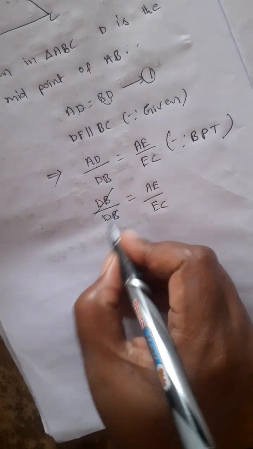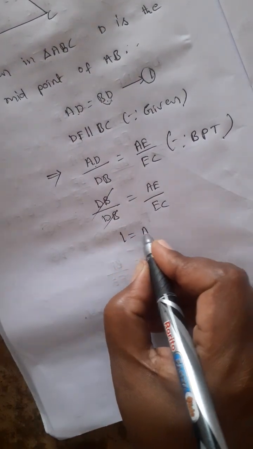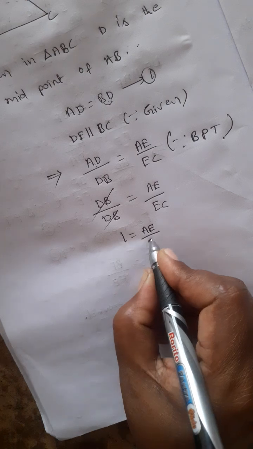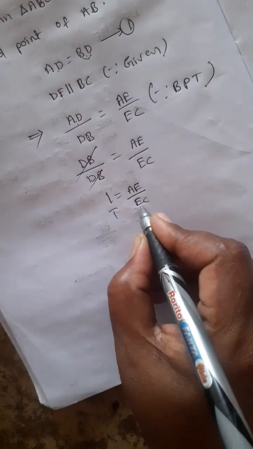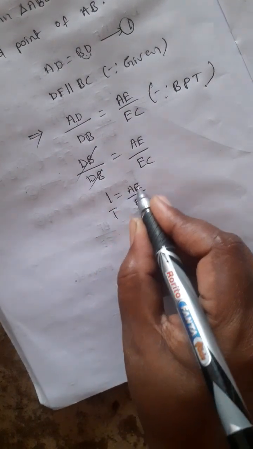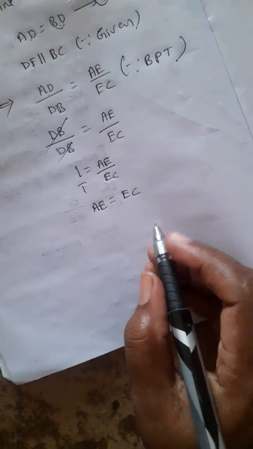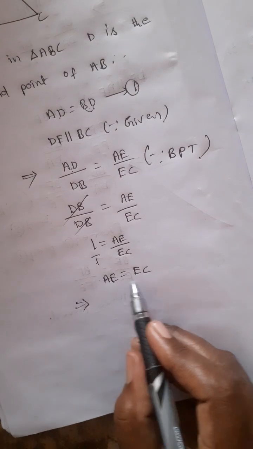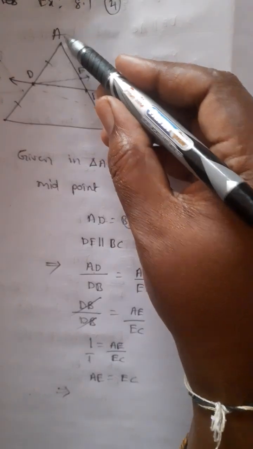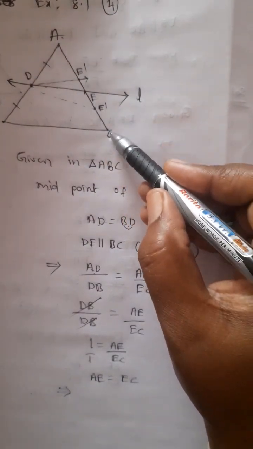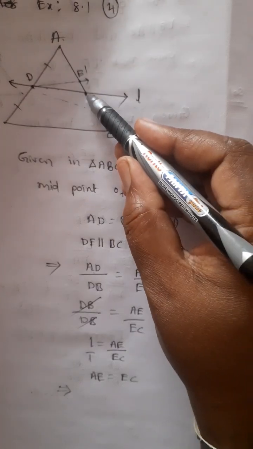DB cancels. 1 equal to AE by EC. By cross multiplication, 1 into EC is equal to AE. So what can we understand in the diagram? AE equal to EC means E is the midpoint.